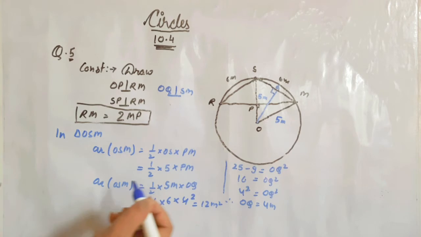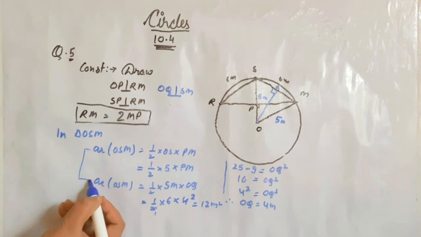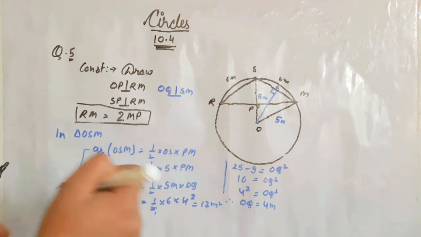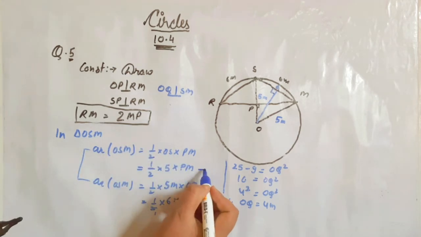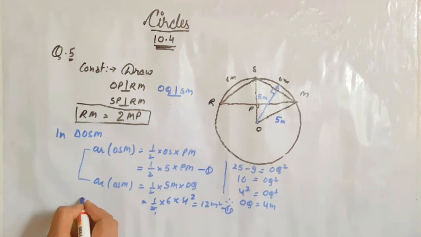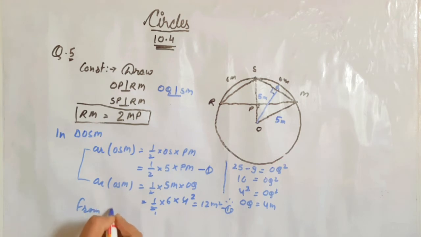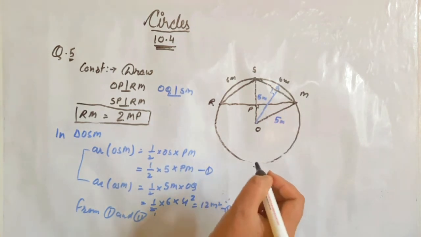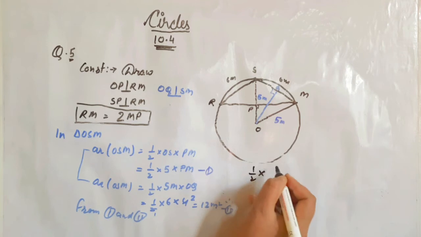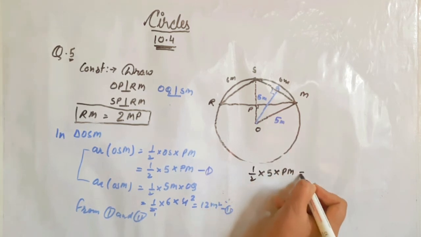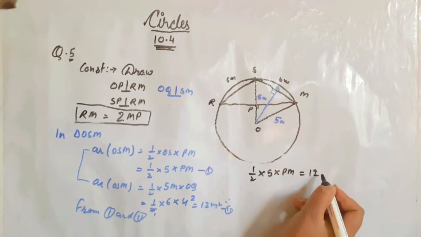So now see, these are the areas of the same triangle. By equating them, you can find the value of PM. Name this 1 and this 2. From 1 and 2, half into 5 into PM equals 12 meter square.